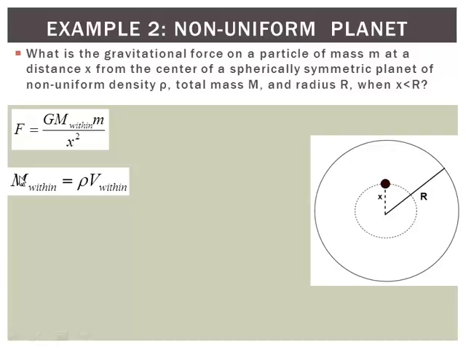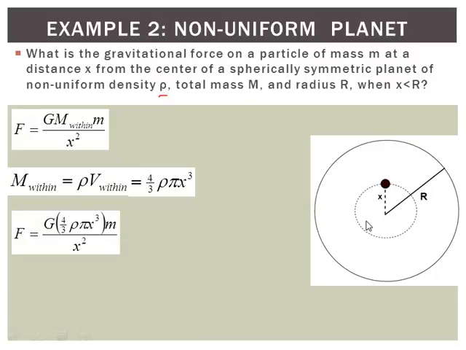And we know that the mass within this sphere is equal to whatever density is here times the volume within. We just leave density as rho. We don't actually know what the density is, we just know that it's non-uniform. We don't know what this function is, but we can just use the letter rho.